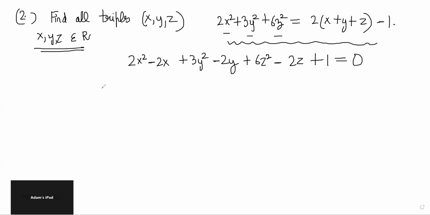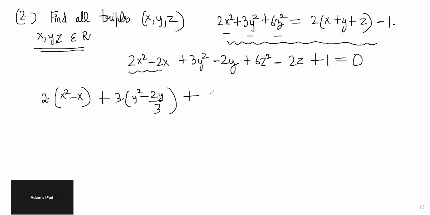So here I can take 2 common and I have x square minus x, and then I take 3 common and I have y square minus 2y by 3, and then a 6 common and I have z square minus 2z by 3 plus 1, equals 0. So the only thing I can think of is completing the square. So let's try that.